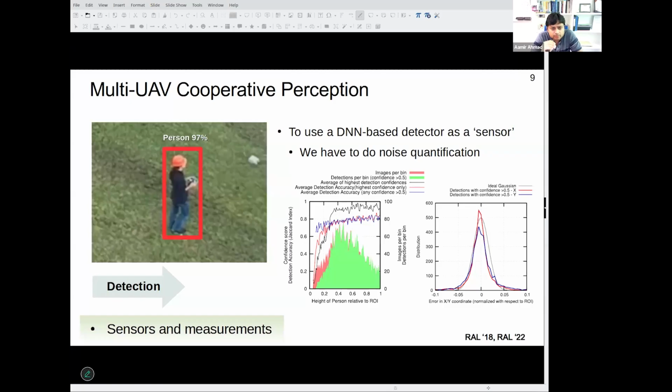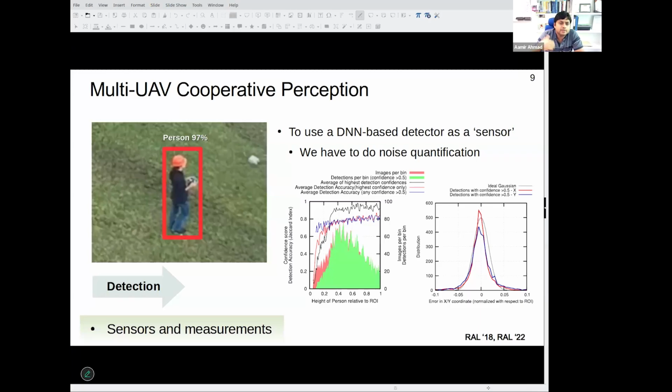Therefore, in this step of our method, what we are going to do is to perform separately, not like in real-time estimation, but separately, noise quantification of this sensor. And that is a very essential step here. To do this, we created an extended evaluation set for the detector by augmenting it with images that contain, for example, upscaled and downscaled images of the detected person, making the person smaller, distant, larger, and so on.